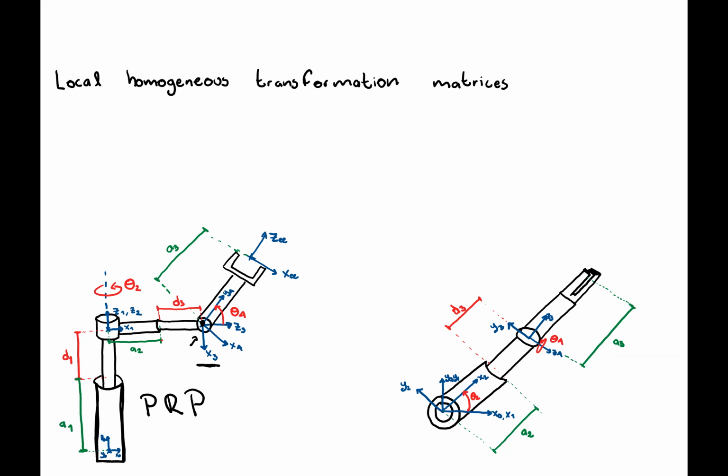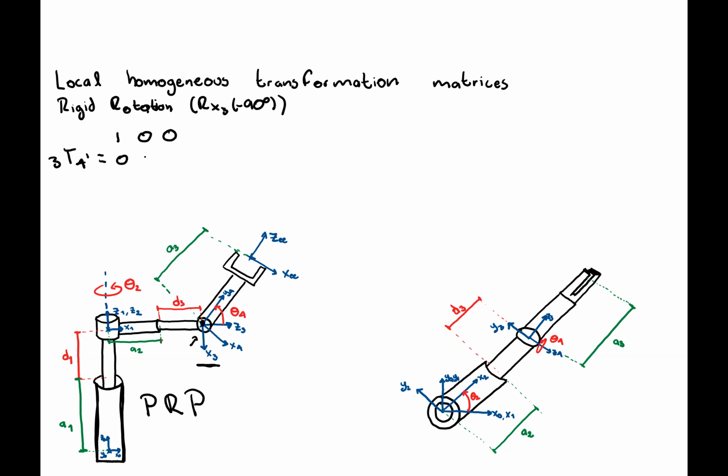Okay, so first we're going to do this rigid rotation around the x3 axis of minus 90 degrees. So I'm going to call this 3T4 prime, and this is going to be a rotation now, because the rotation is of 90 degrees around the x-axis.